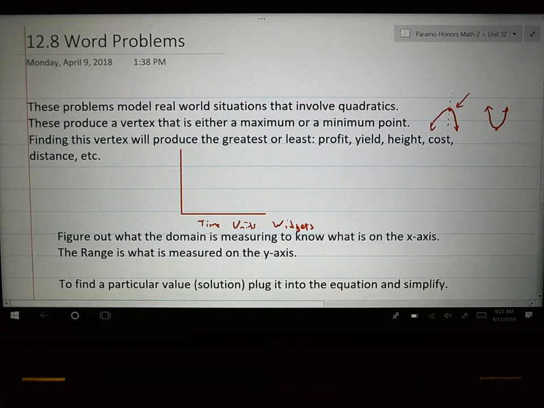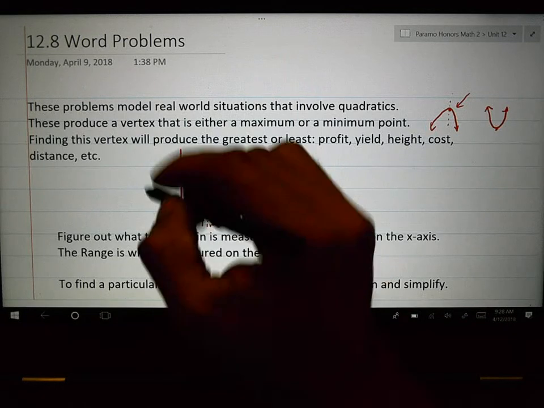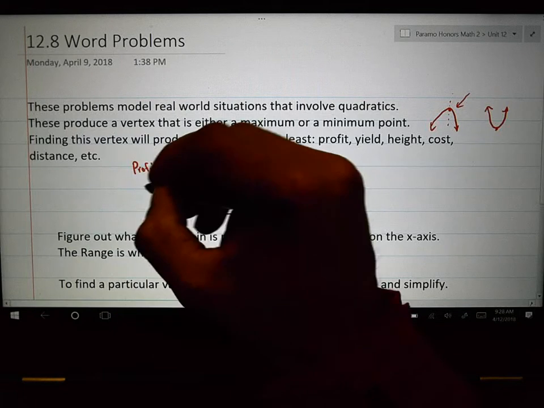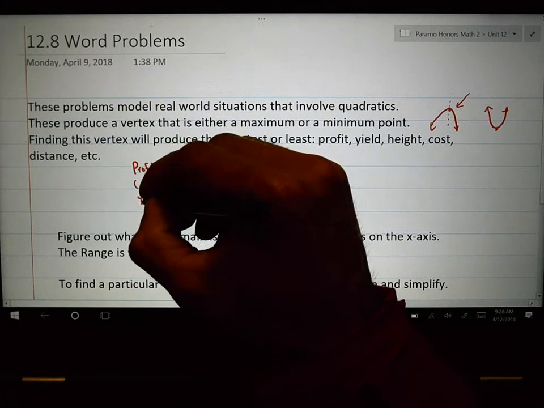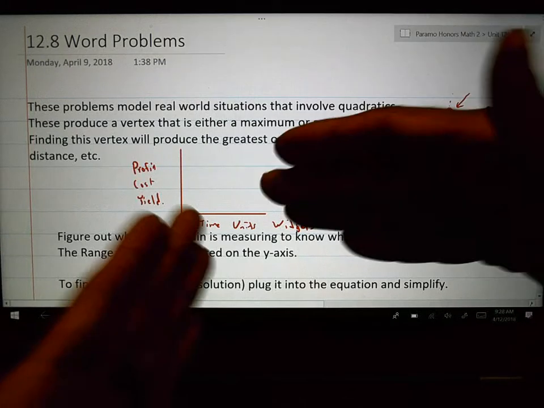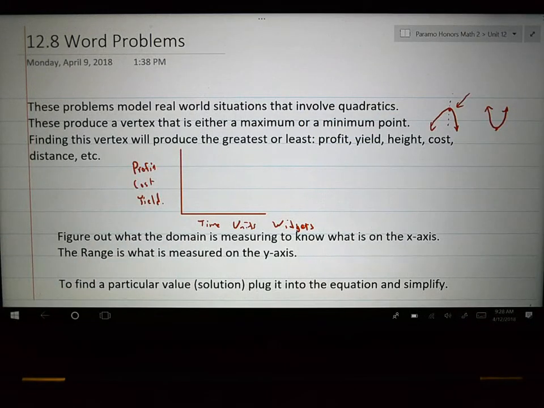You have to figure out what your x-axis is measuring versus what your y-axis is measuring. A lot of times you're going to see profit, cost, yield, and those words mean it's a measurement of this other thing that you have down here.